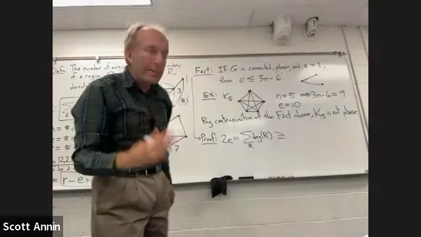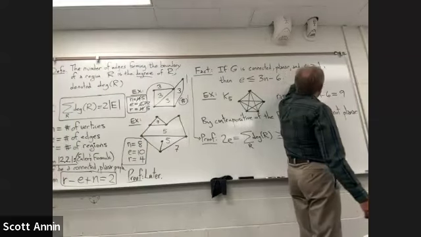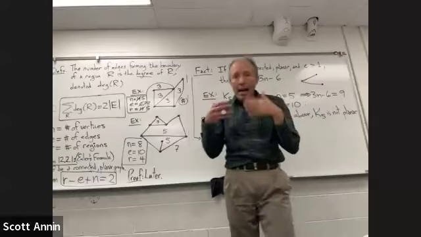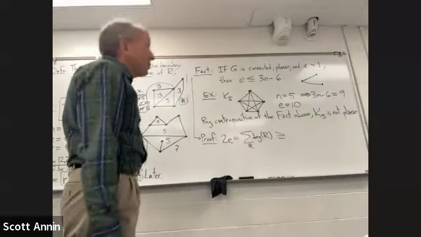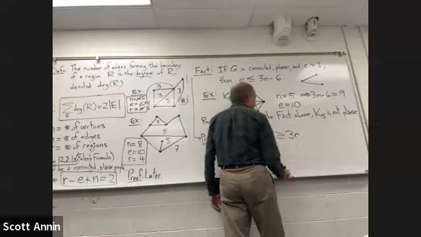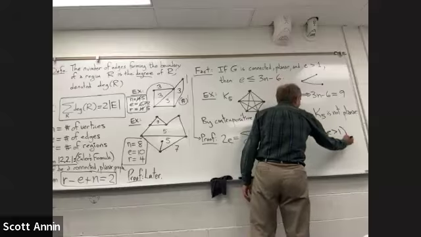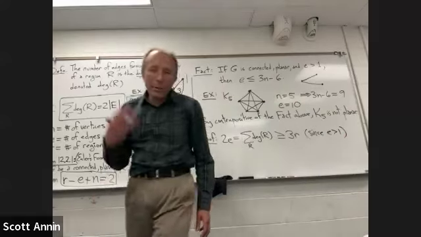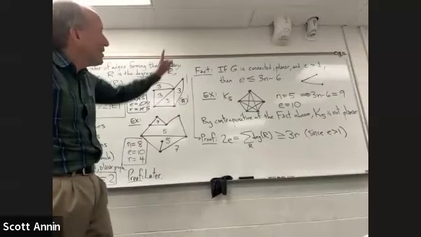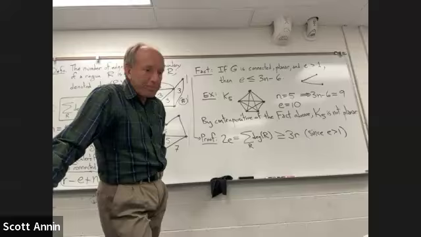So it's at least 3, because each of these edges contributes 2 to the degree of the outside region, which is the only region that you have here. Anyway, so this is at least 3 times R. I'll just say, since we have more than one edge, it was assumed that the number of edges was more than 1 in this fact, and that's kind of where we use that.